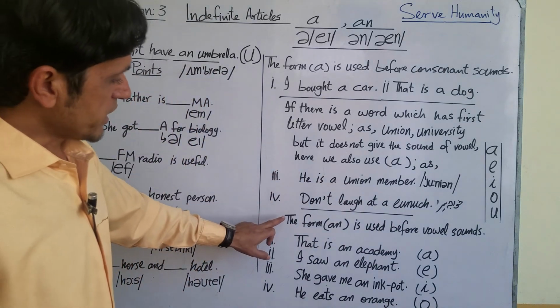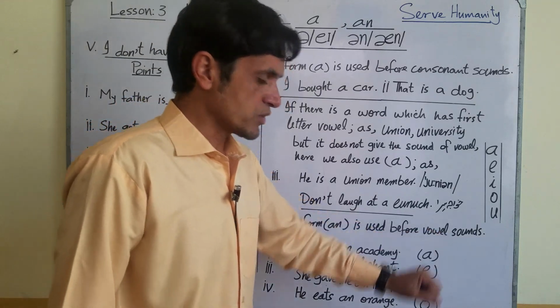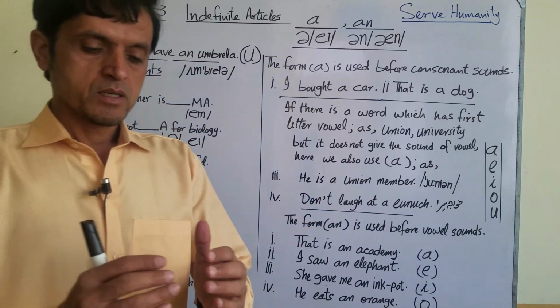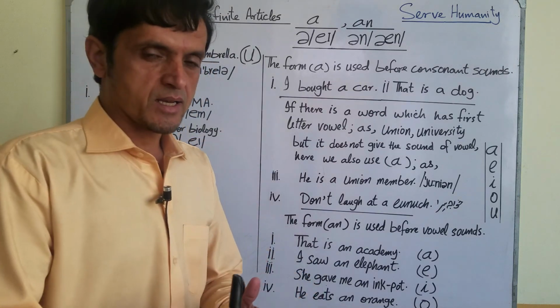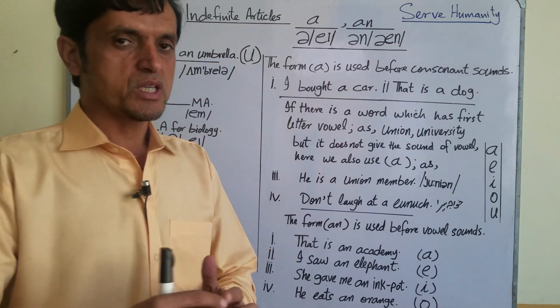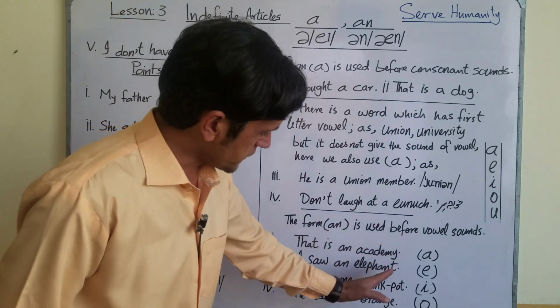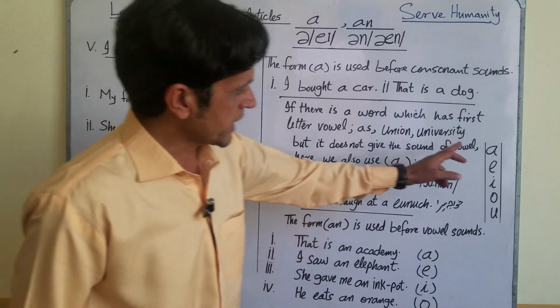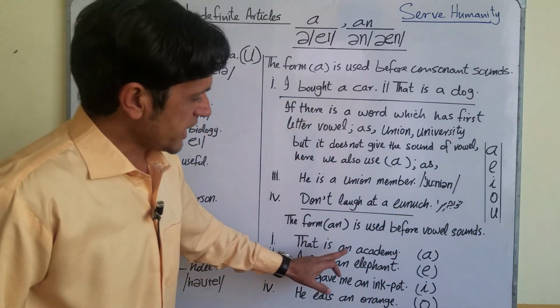Now come to this point: the form an is used before vowel sounds. Before consonant sounds we use a, before vowel sounds we use an. So I have written all 5 examples: A, E, I, O, U. Number 1, an academy.